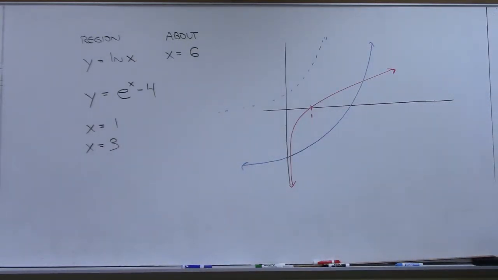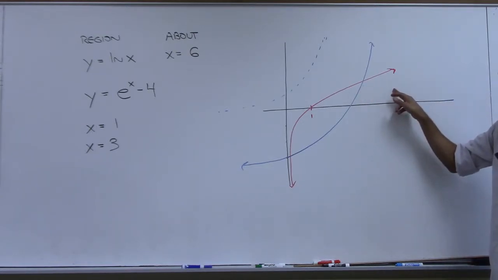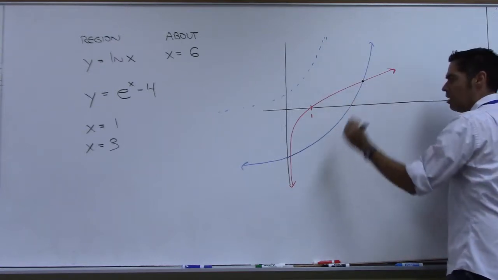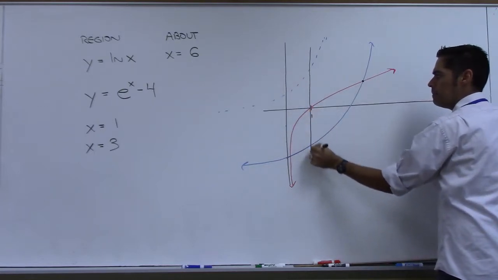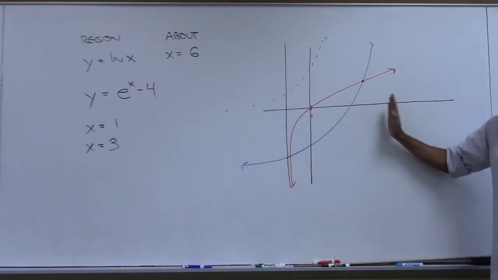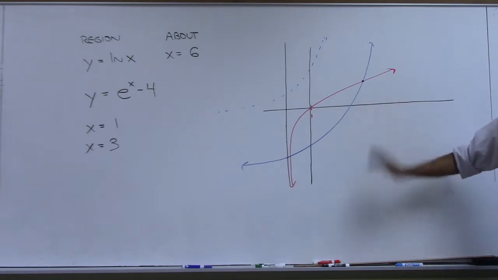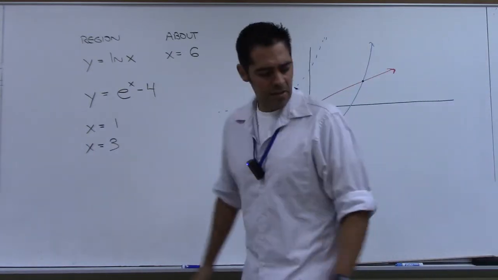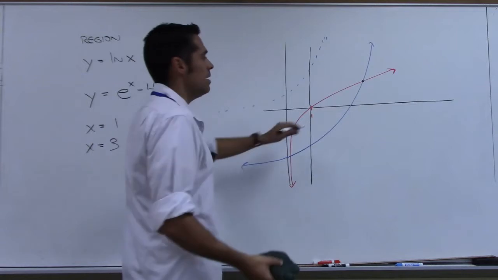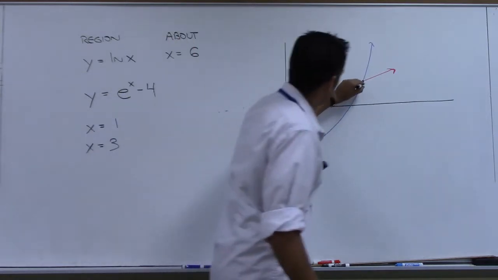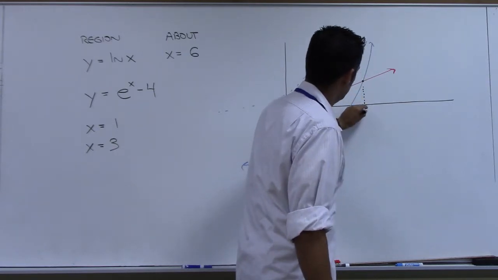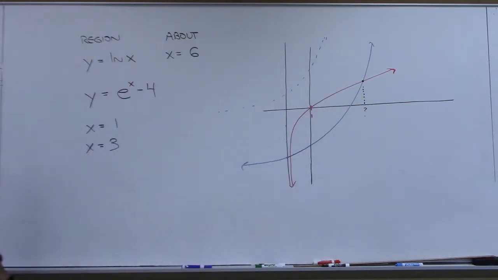Okay, my only concern here is that these hit each other before 3. Because I'm supposed to also put x equals 1, now that's here, right? And x equals 3, but where's that? So how could I determine if these hit each other before 3 or not? Plug in 3. Okay, I'm going to plug 3 in.